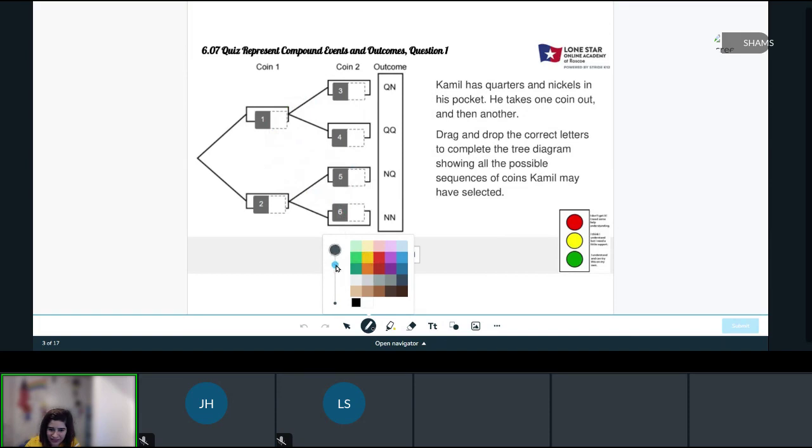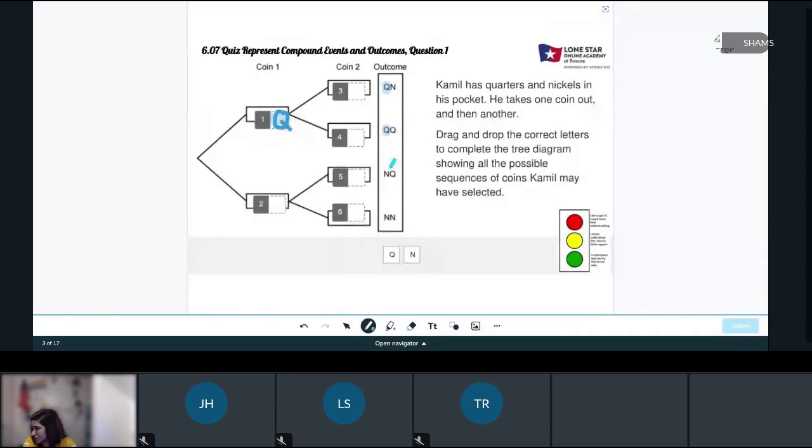When you look at a tree diagram and you know the outcomes, this is how they list the outcome. The first outcome is Q. This Q is coming out of the first box, so I know the first branch of my tree diagram in box 1 is letter Q. Does that make sense?